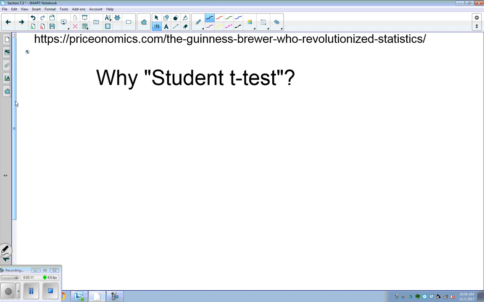Well, if I knew the population standard deviation, would I even need to make an estimate of the mean? No, I would have it, right? So most oftentimes I don't have that. Well, there's where it comes into the student t-test, which is this table that I just distributed on this pink laminated paper.